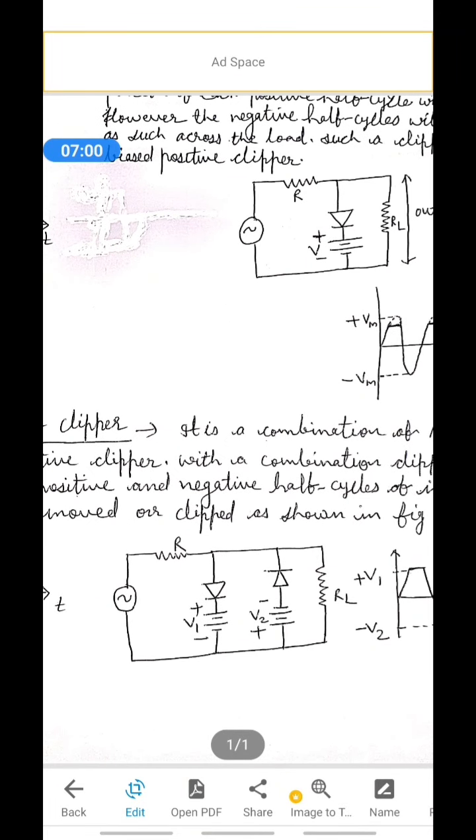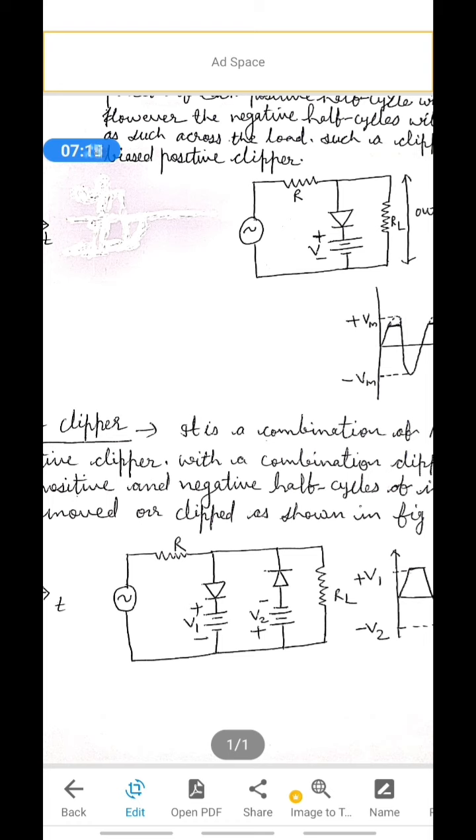Therefore, a voltage plus V1 appears across the load. This output stays at plus V1 so long as the input voltage exceeds plus V1.